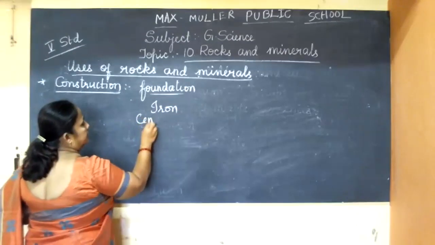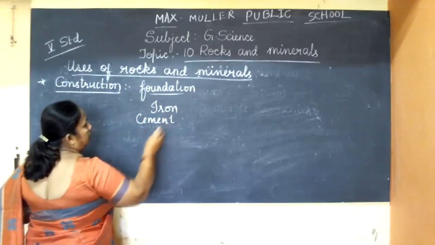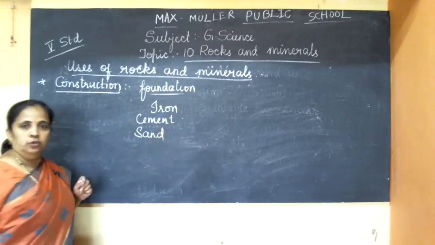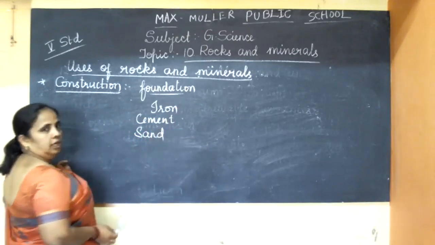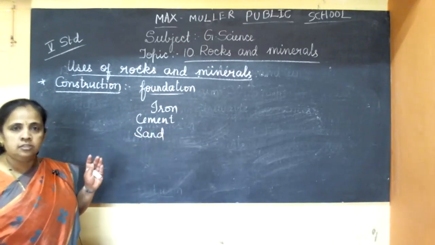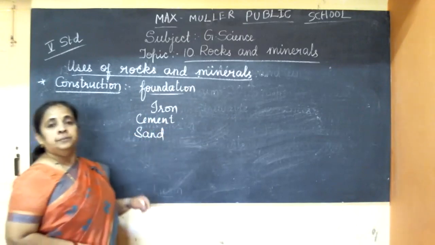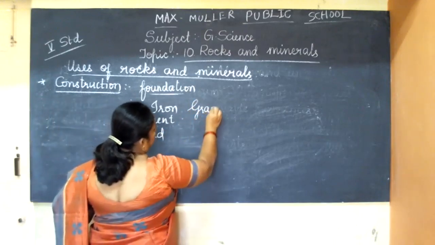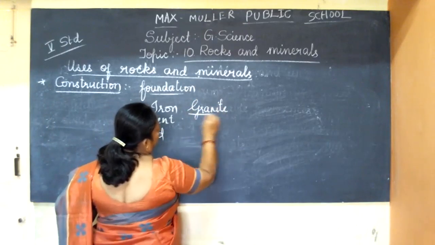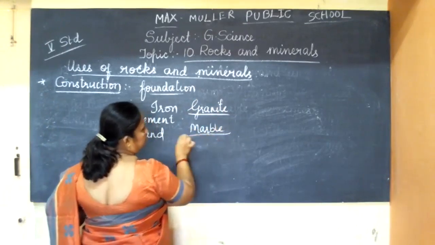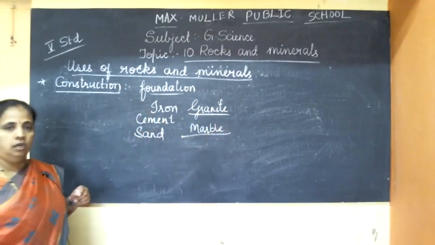Cement is a rock, and sand, pebbles and sandstone are forms of rock or smaller pieces of rock. For the kitchen, we use granite, which is an igneous rock, and for floorings, we use granite or marble, which is a metamorphic rock, is it not?